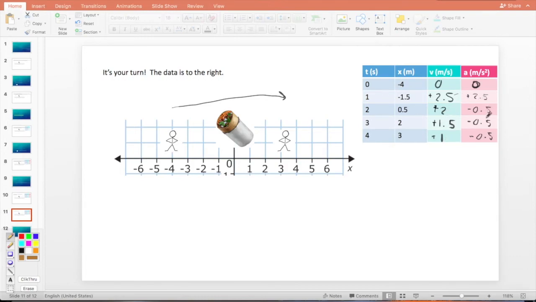That's a change of 0.5 meters per second every second. Once again, I will say meters per second per second. That's the unit of acceleration. Every 1 second, you are going 0.5 meters per second more slowly.